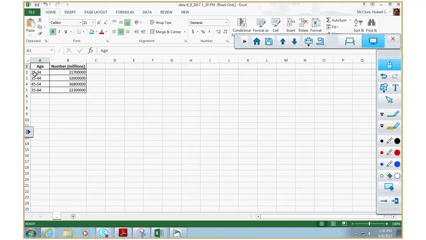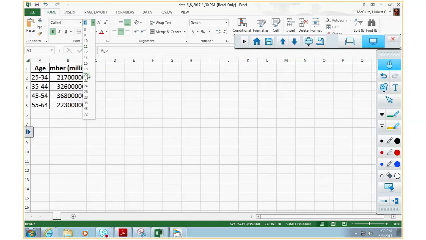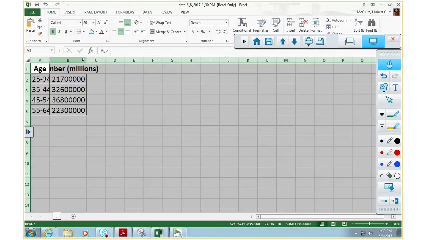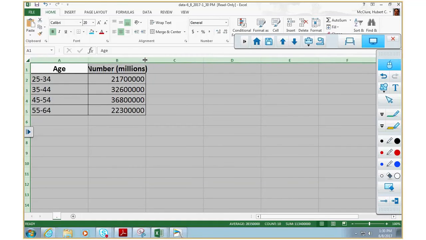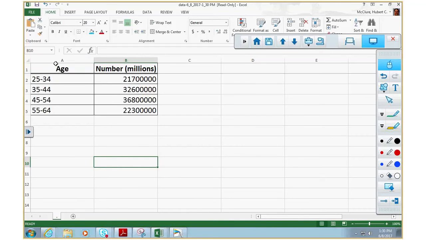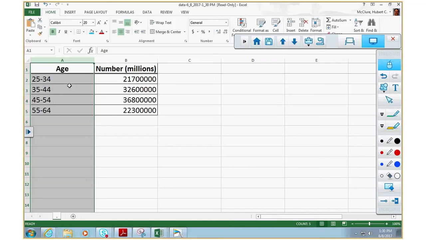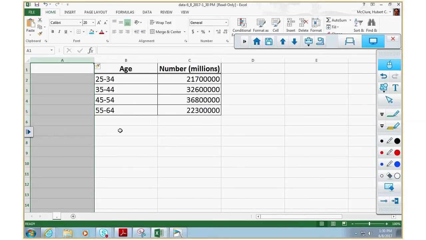So I'm going to let you copy them while I make them bigger for everybody. There you go. Now I am going to make a change. I'm going to insert a column here. Anybody have any idea what I'm going to do? I'm going to break this up because I can't calculate this. The spreadsheet can't calculate 25 to 34.